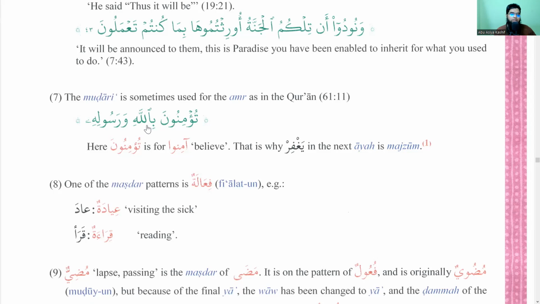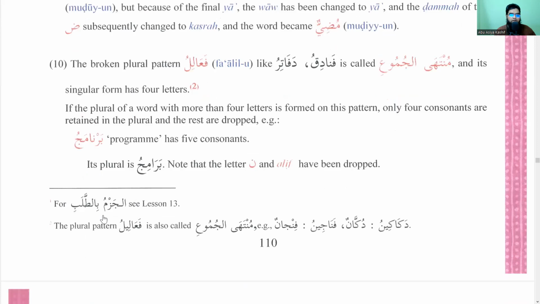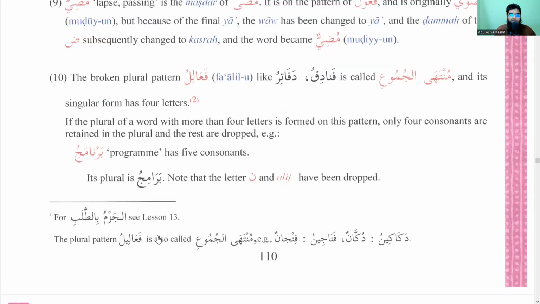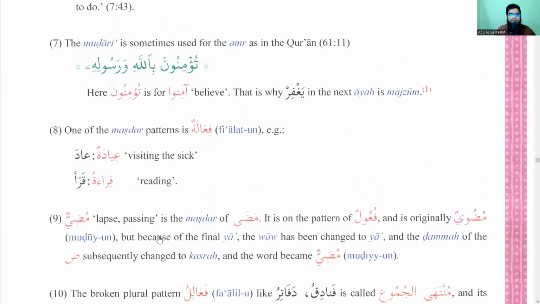Because this is aminu billahi, this is amr. He gives number 1 also for that, for al-jazmu bit-talab, see lesson 13. If you have a command, or a prohibition, or a question, the response to that will be majzum. If you remember lesson 13, jazm, talab and jawab talab and all that.